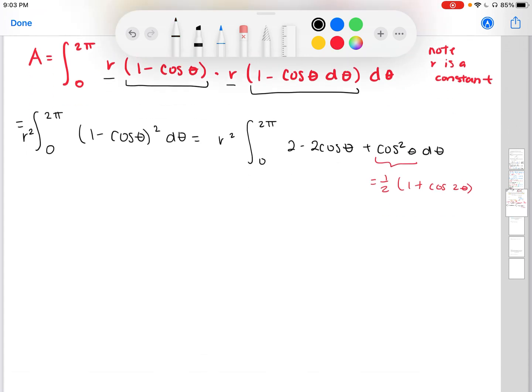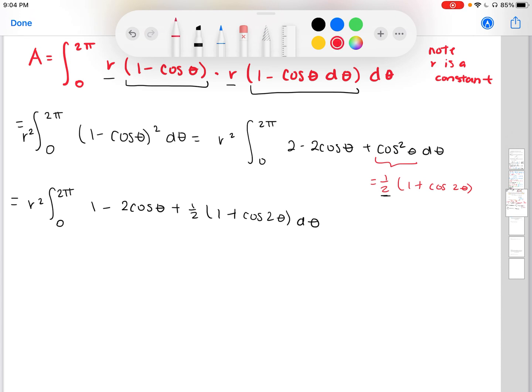Let's go ahead and make that replacement. So that we have 1 minus 2 cosine of theta plus, since this is a constant, let's write it on the outside, I'm getting ahead of myself, 1/2 times 1 plus cosine of 2 theta d theta.